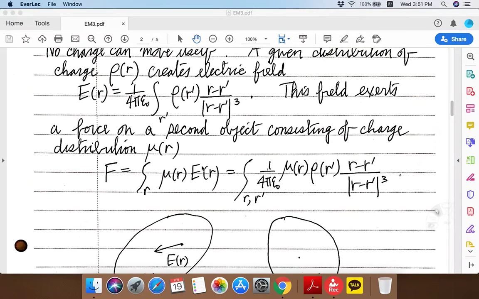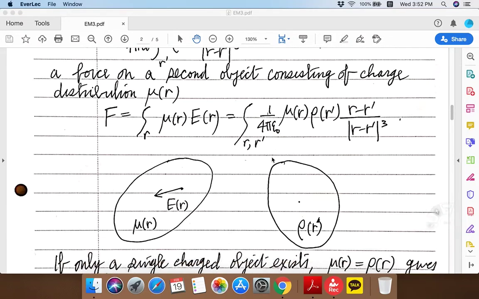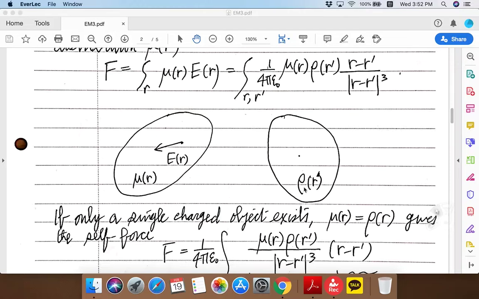Now I can combine this formula with the first formula giving rise to the electric field due to the first object, and the combination would result in this expression. So if you can somehow manage to finish this integral by integrating these functions both over r and r prime, then you would be able to calculate the force that this first object consisting of the charge distribution rho exerts on this second object consisting of the charge distribution mu.